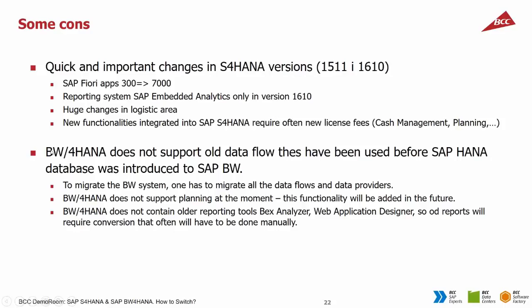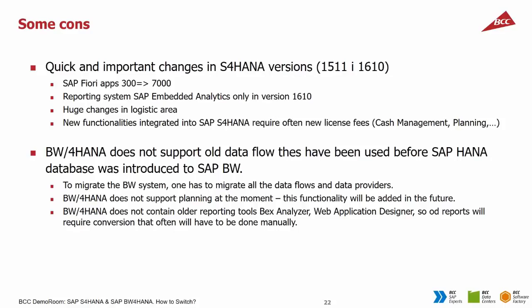As for BW for HANA, I would say it's not a major product yet, because it doesn't support the old data flow at all. So the whole data flow from the old BW needs to be migrated before migrating to BW for HANA. For huge BW systems, it can be a lot of work to migrate all the data flow, and not all of this work can be done automatically.